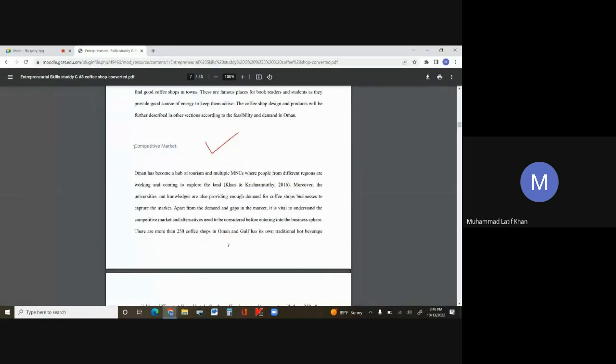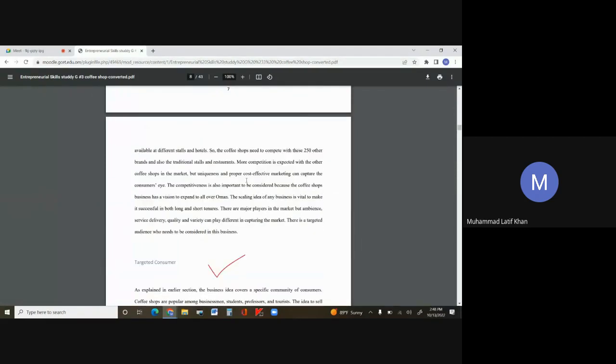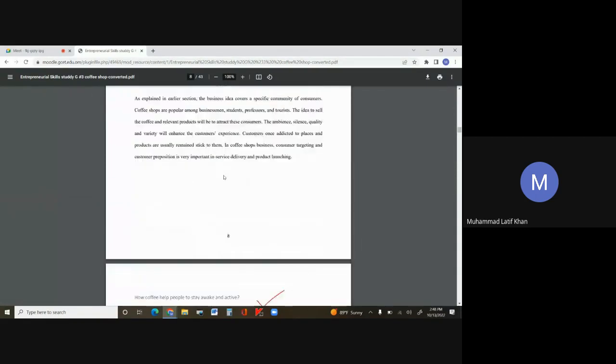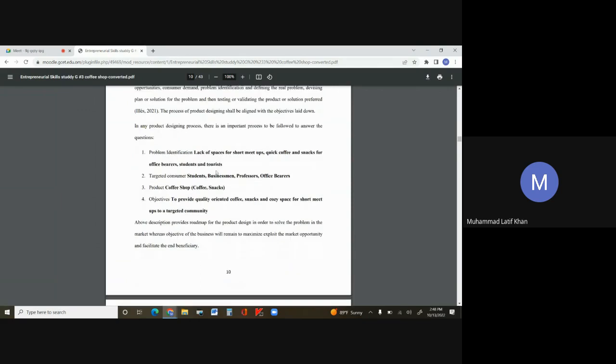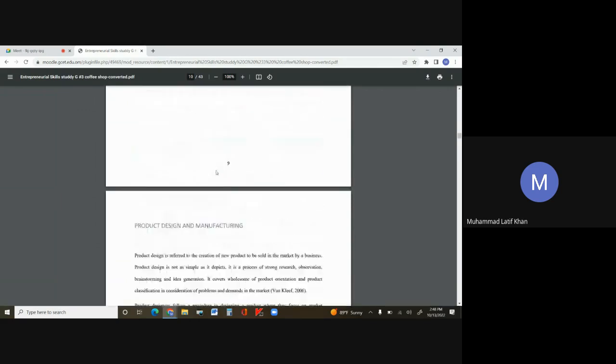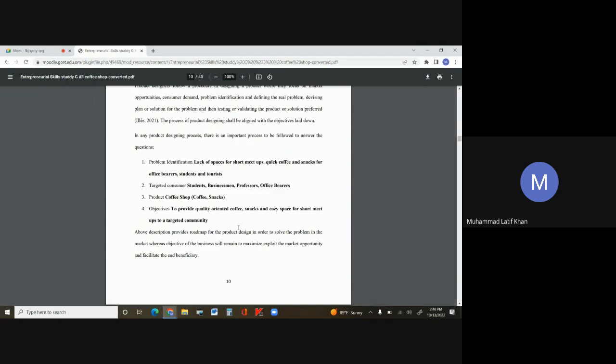And then they are writing about the competitive market, target customers, product design and manufacturing. So what is the way of manufacturing and product design? Either they are designing it by themselves or they are subcontracting with someone else.